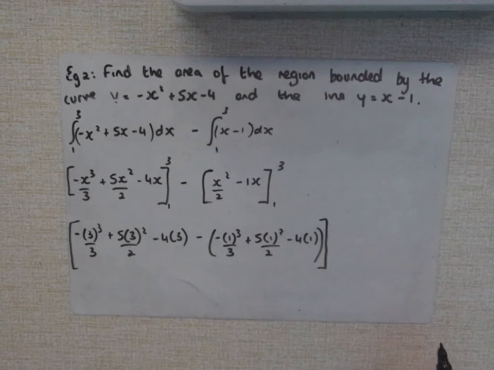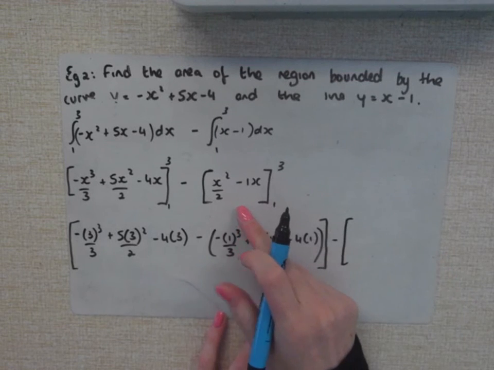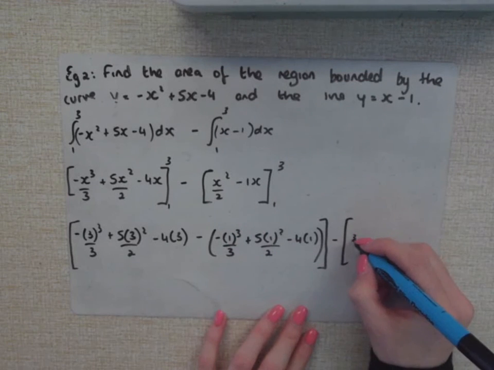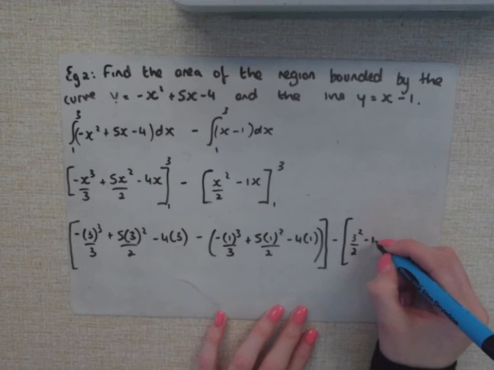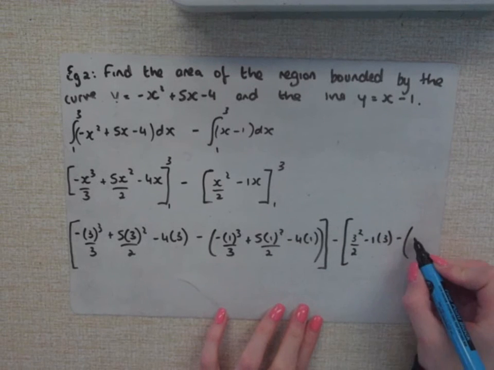That's my first area. And I have to take away my second area, which is this: fill in the 3, and fill in the 1 and take it away.